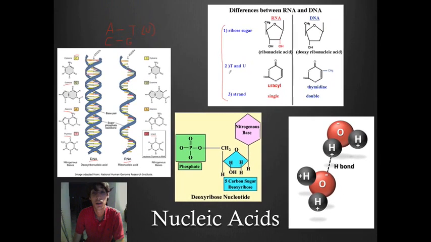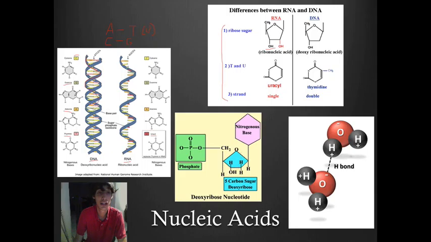And there's also the difference in strands. RNA is only single-stranded, while DNA is double-stranded, and it has the shape of a double helix. And finally, the type of sugar. DNA and RNA have a phosphate and sugar backbone, this part over here, and it allows them to keep their structure.